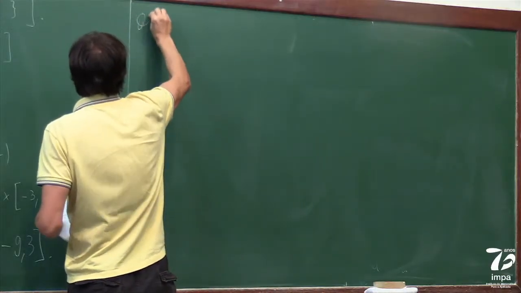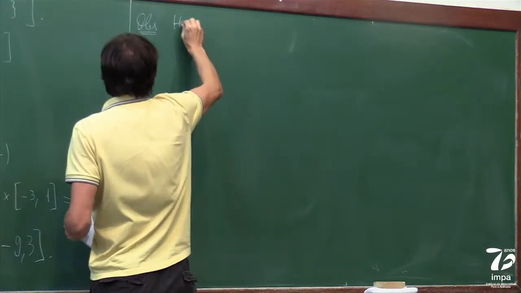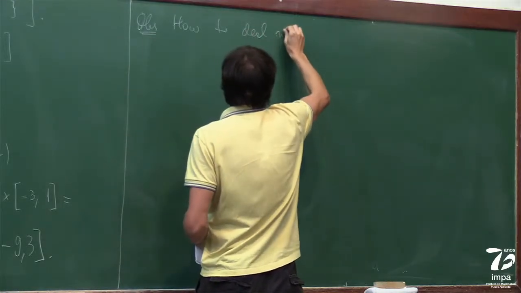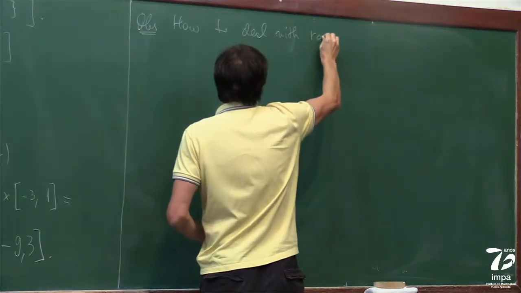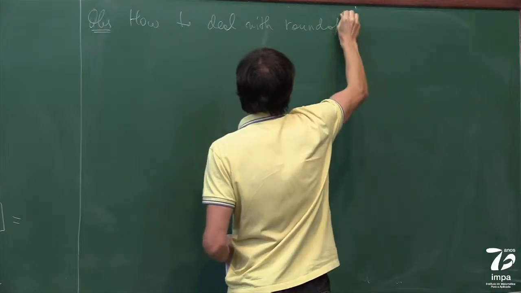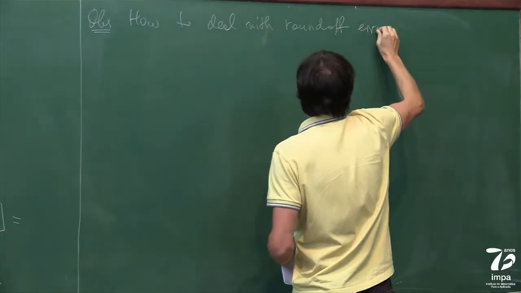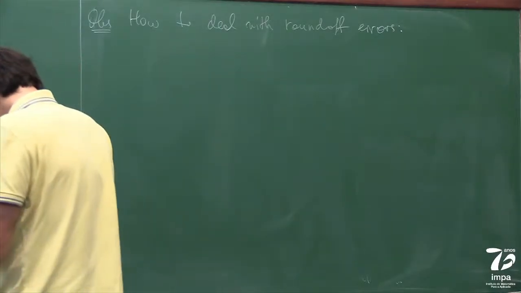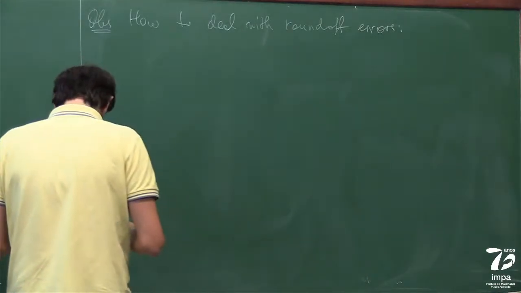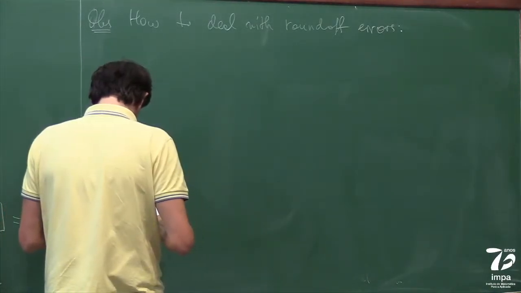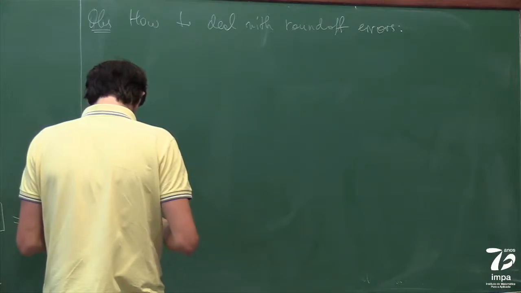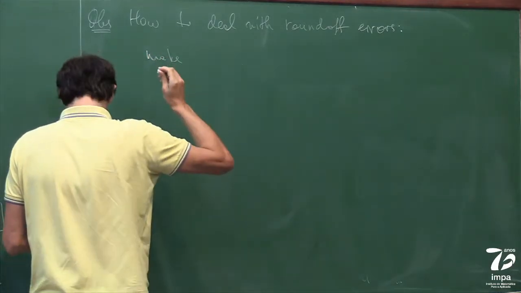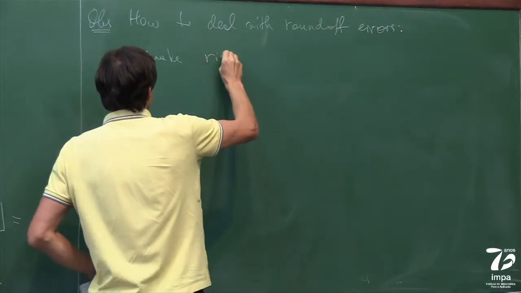So the observation is how to deal with round-off errors. So what you do, you make rigorous enclosures.